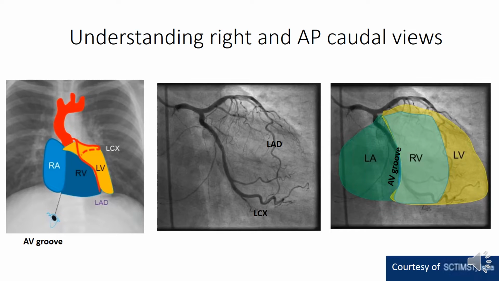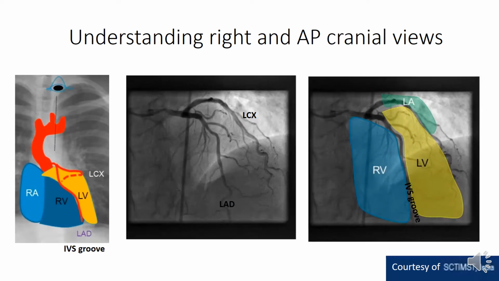For more orientation about the heart chambers, here is the LAD running in the interventricular septum, separating the right ventricle from the left ventricle, and here is the circumflex running in the AV groove, separating the left atrium from the left ventricle. The second orientation is the right and epicranial views.